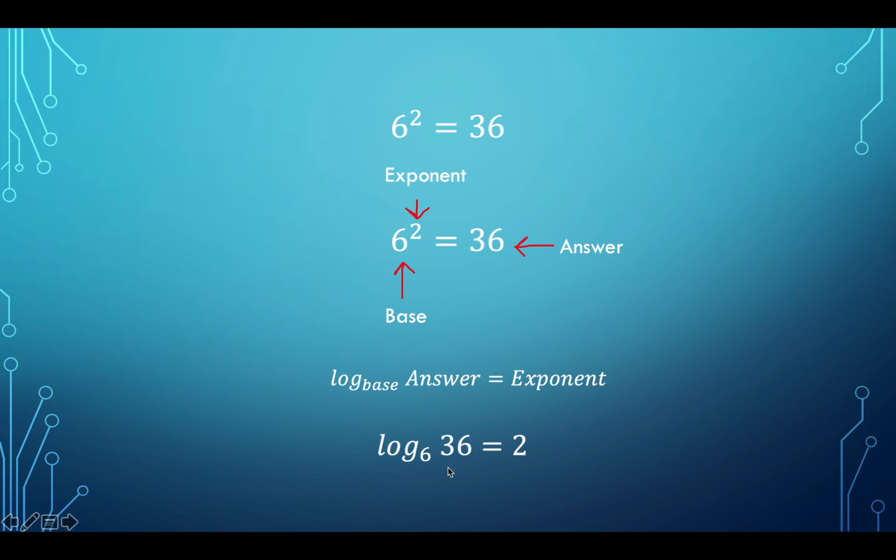Our answer was 36, so we write 36 over here, equals, and our exponent was 2, so we fill in our 2 where it says exponent. If you remember this formula, you'll have no problem plugging in. As long as you remember log, then a little font underneath, base, and then back up, it goes answer, and it's equal to our exponent.